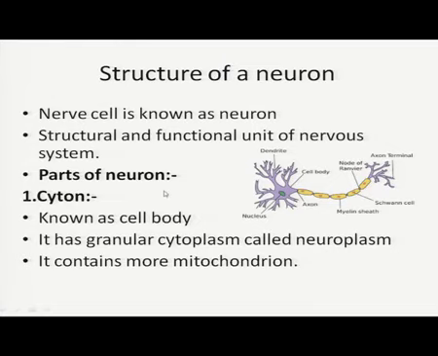And regarding the parts of a neuron or a nervous cell, the first part, this part you can see here in the diagram, we will call it as cytone. It is also known as cell body, and it has a granular cytoplasm inside, and this granular cytoplasm of the neuron is known as neuroplasm.